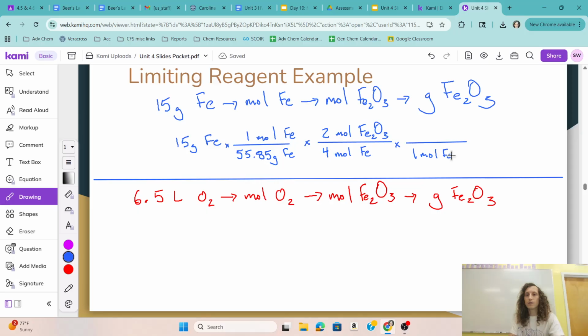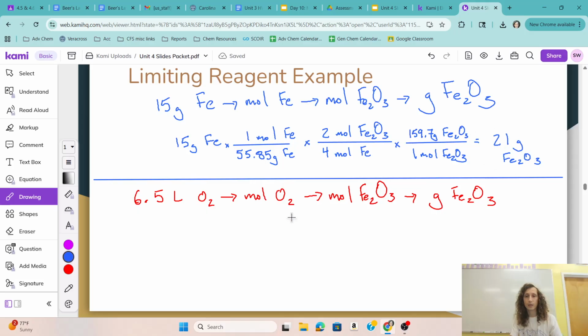So 1 mole Fe2O3, and I'll have to punch this in real quick. 2 times 55.85 plus 3 times 16 gives us 159.7 grams in 1 mole of iron oxide. So to punch that in, 15 over 55.85 times 2 over 4 times that gives us about 21. Let's just round it to 2 sig figs because that's what we were given with our mass of iron.